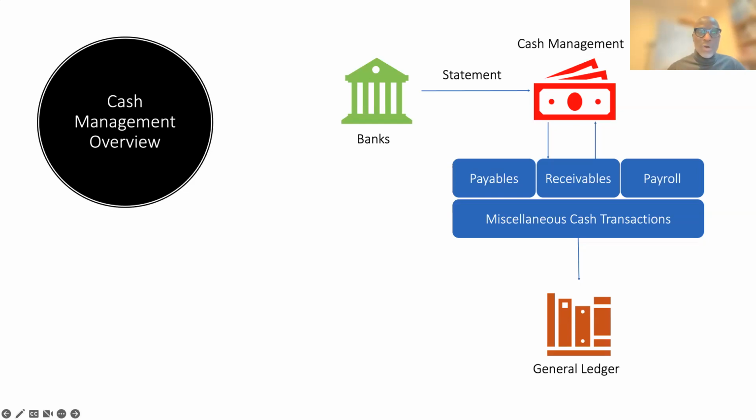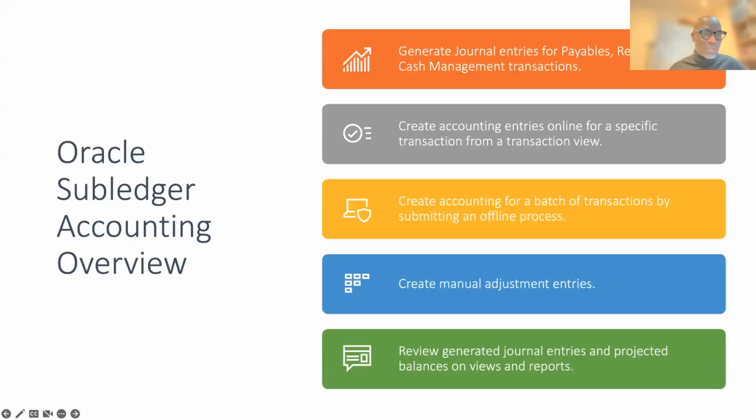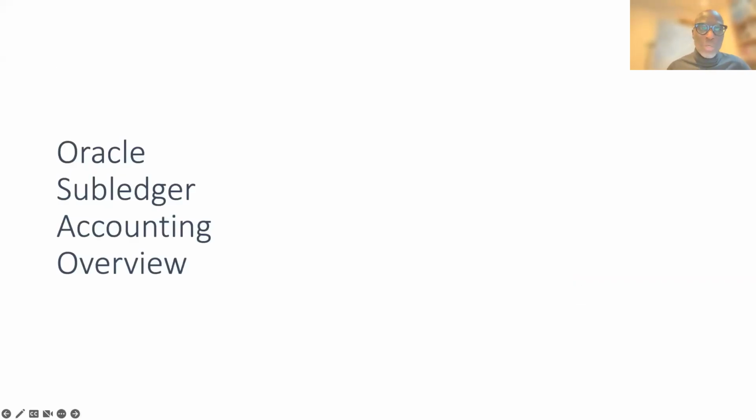So you've got all of these modules, and you also have a method of creating the accounting, which is using an area of the application called Subledger Accounting. Now, what this does is that your create accounting process uses transactions and reference objects, data objects, and the accounting rules.